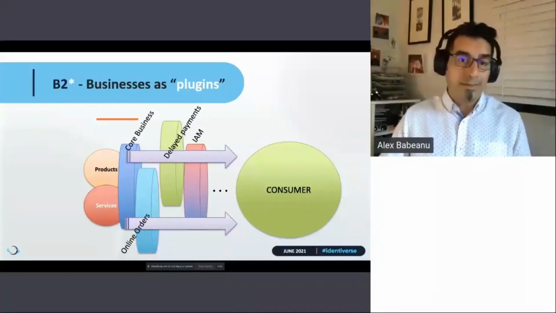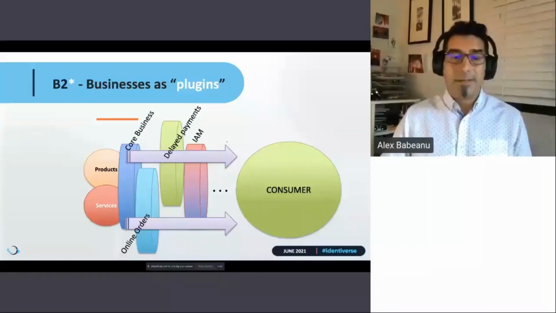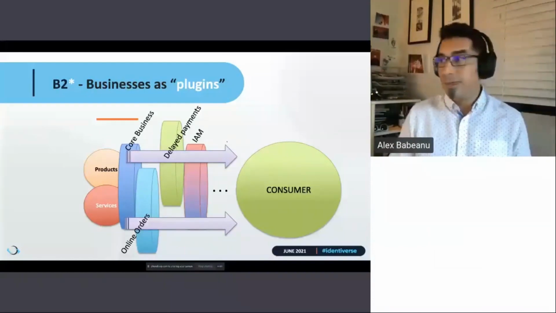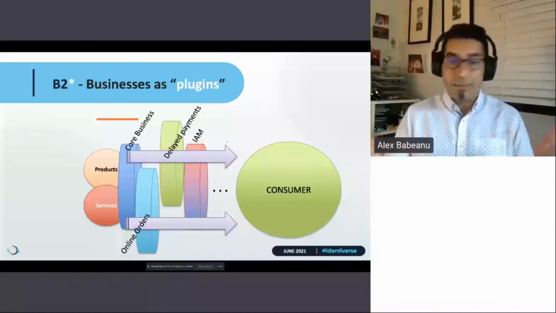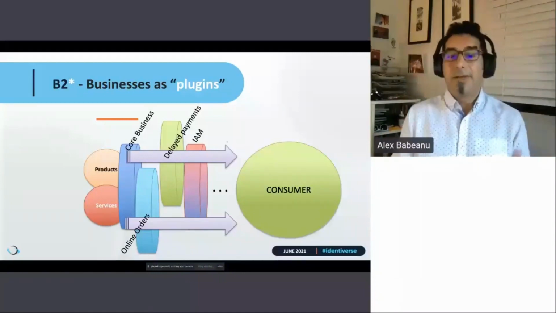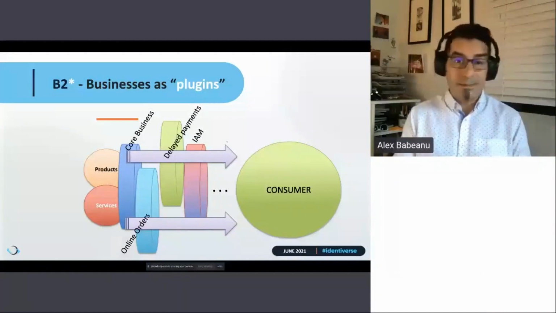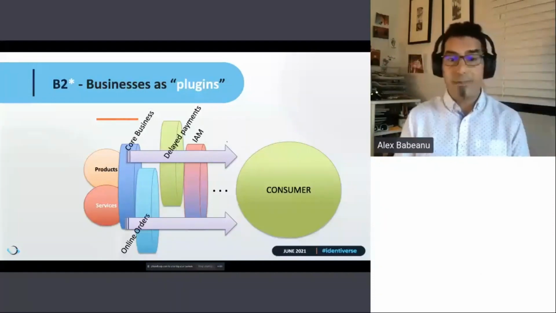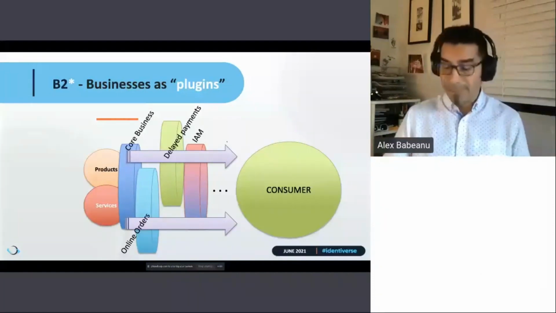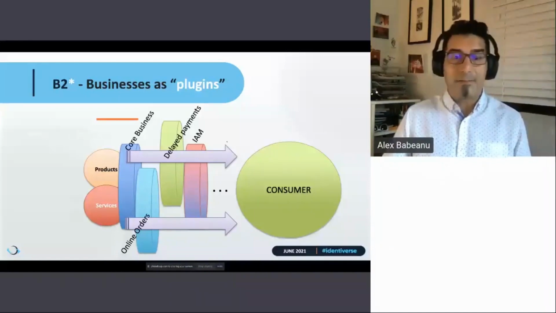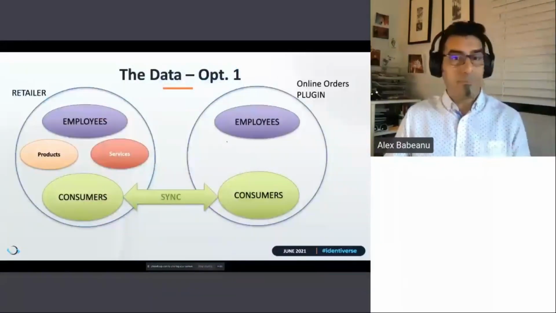Others may utilize our delayed payment system, and everything may possibly go through IAM. Now, again, there's no limit to the number of layers here, but as you can see, things start to become really, really complicated because of this data sharing and all the accesses that need to be granted in all the cases. For the data itself, as I mentioned, it needs to be shared. In particular, the consumer data needs to be shared.